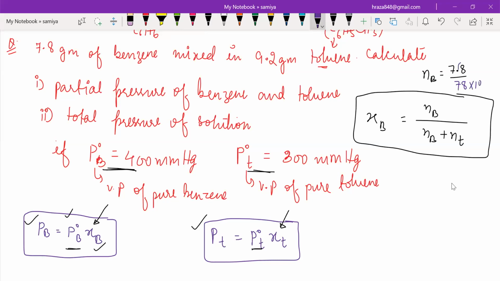Now putting the values in for the mole fraction: 0.1 plus 0.1.